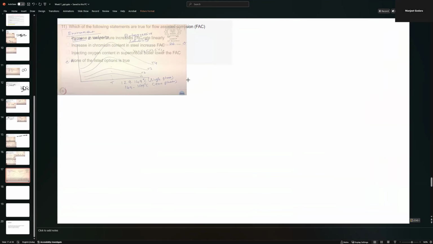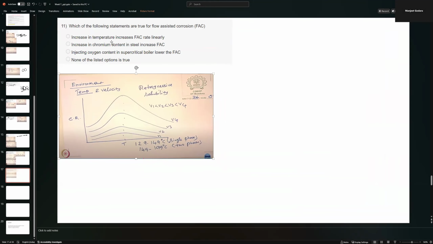It's not a linear relationship, so the first one is incorrect. Different temperature: yes, temperature and corrosion rate, so it's not linear.